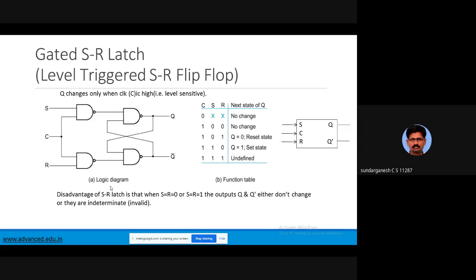So it is an invalid state. To overcome this, they have designed some other flip-flops. So when you are asked what is the disadvantage of SR latch, you have to tell that when both the inputs are 0, the output is not changing. When both the inputs are 1, the outputs are invalid or undefined.